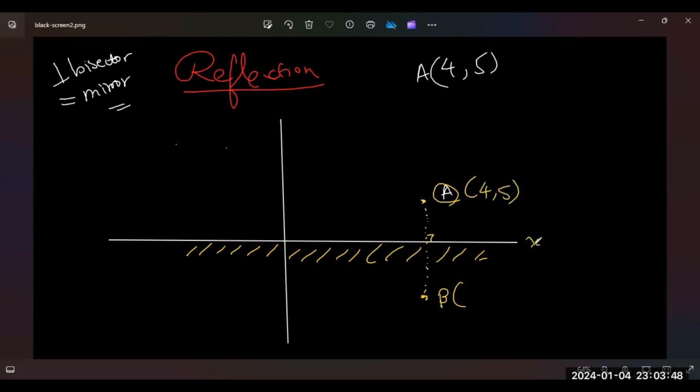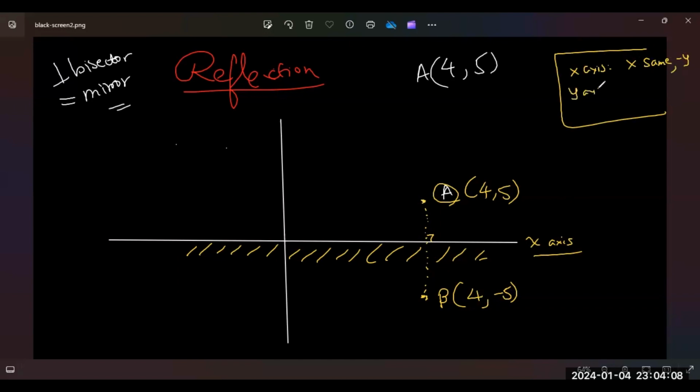If this is 4 comma 5, when you're reflecting along the x-axis, remember, keep the x coordinate the same. So B will remain 4, and 4 minus 5. Yes, negate the y coordinate. So remember, for x-axis reflection, keep x the same and negate y. When you're doing y-axis reflection, keep y the same and negate x.